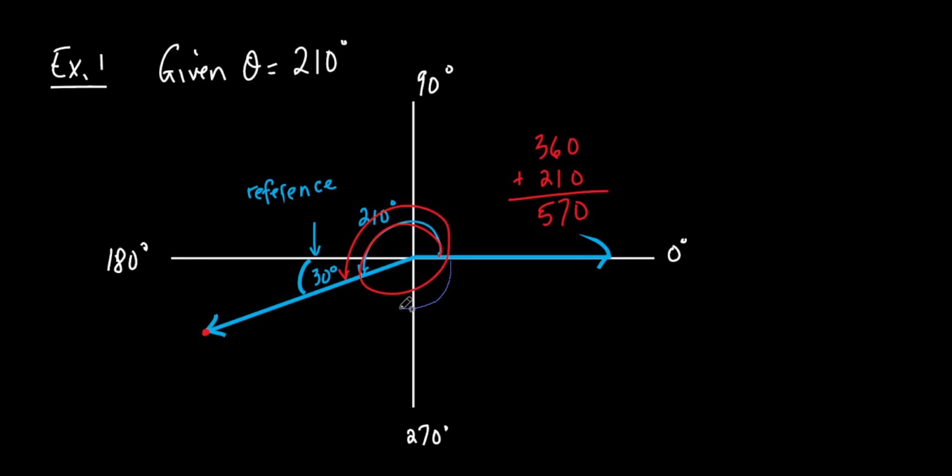If you wanted a negative coterminal angle, because we haven't talked about that, let's do it the other way around, because I want a negative angle, don't I? So we're going to go negative 360 plus 210. Agreed? Because that'll give you a negative angle.